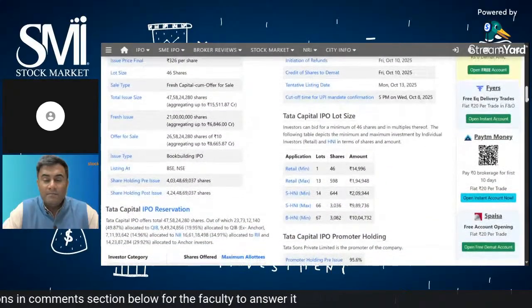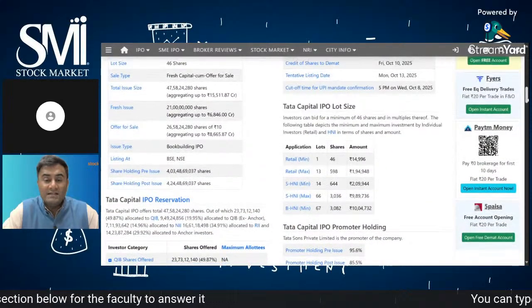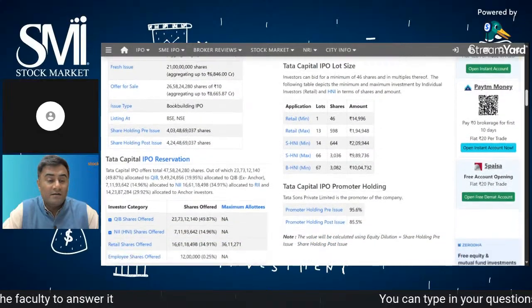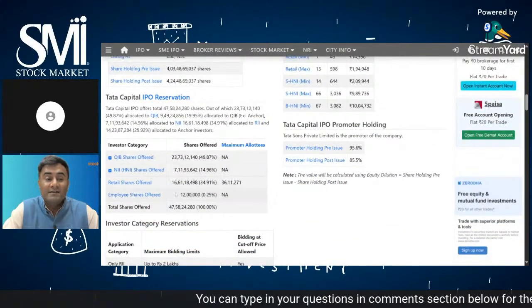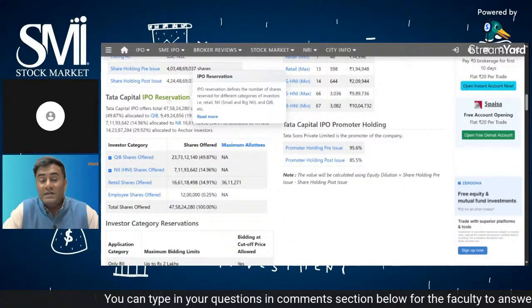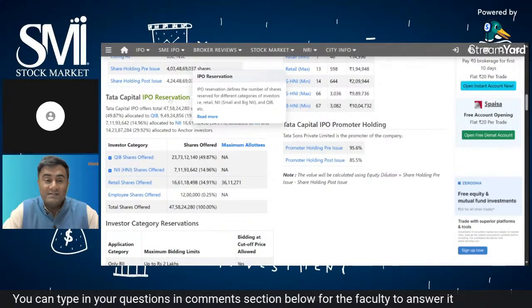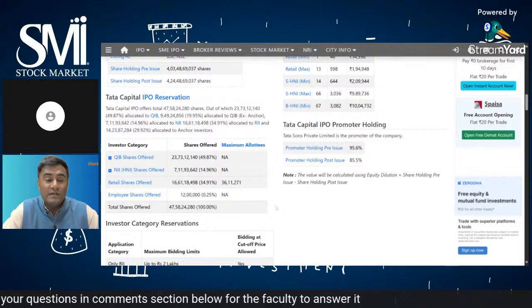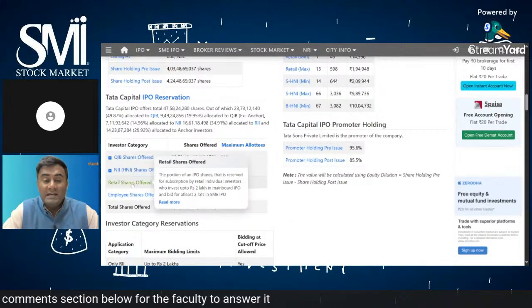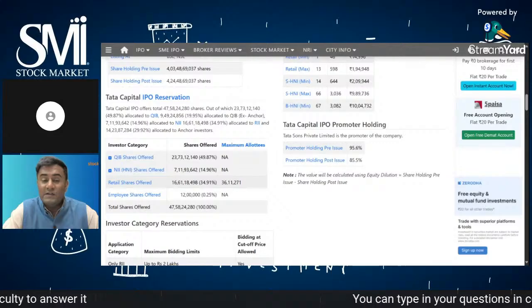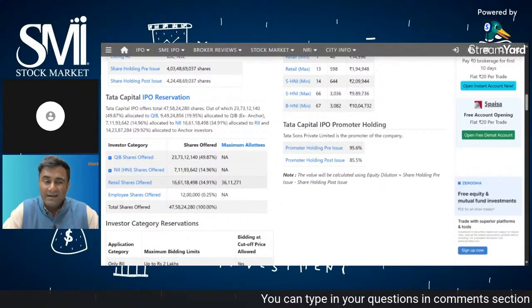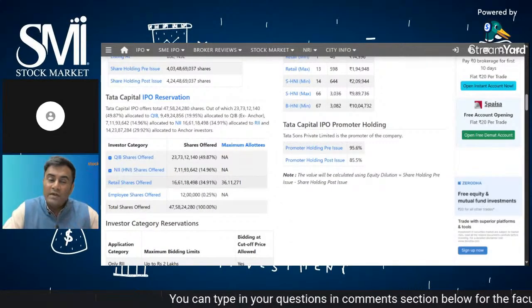Now we must understand this part, the IPO reservation. Okay, friends, the reservation. So we can see the retail shares offered. Retail shares offered is 34.91%. Don't bother going into the quantity.